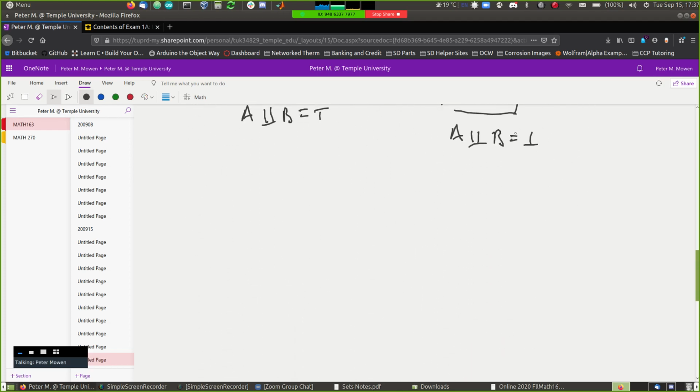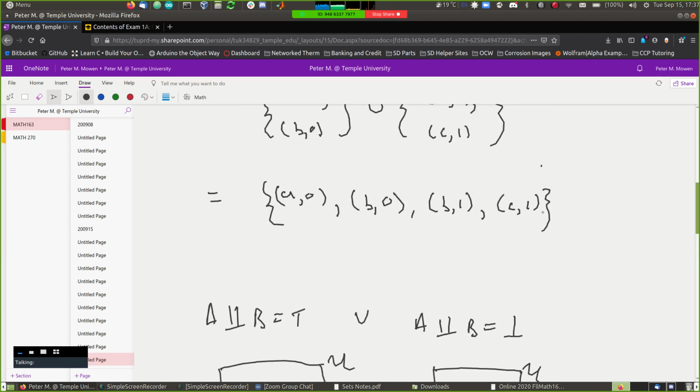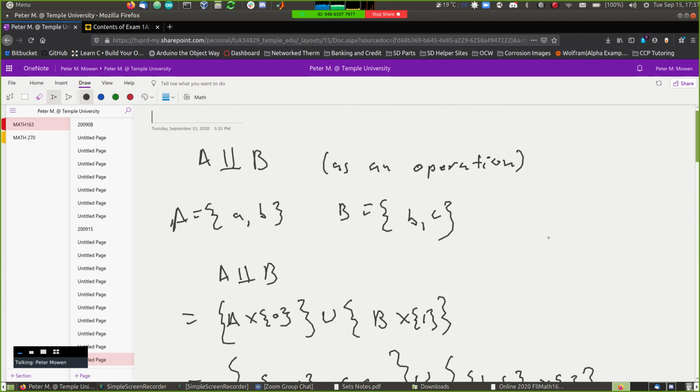Put differently, the size of A coproduct B is equal to the size of A plus the size of B. Maybe something I've been confusing for a while is the operation, disjoint coproduct, versus the property a set can have of being a disjoint union of sets.